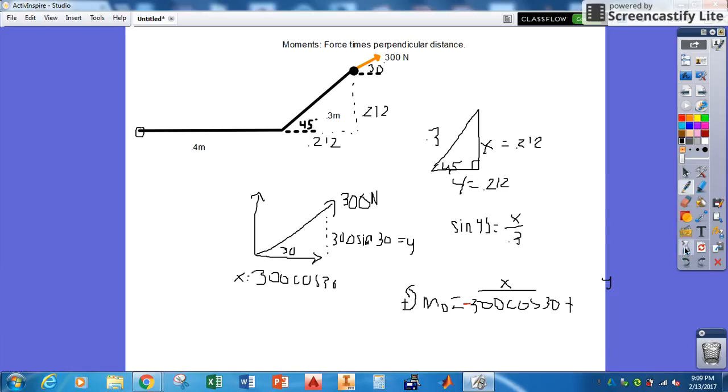Oh, hold on, I totally messed up right here. We need to multiply by our distance. So our x that we found was negative 300 cosine 30 because it's pulling it around in a negative direction. But then we need the vertical direction since we had the horizontal force.